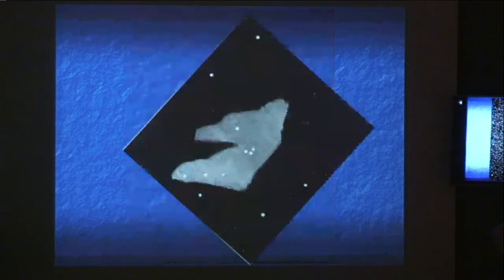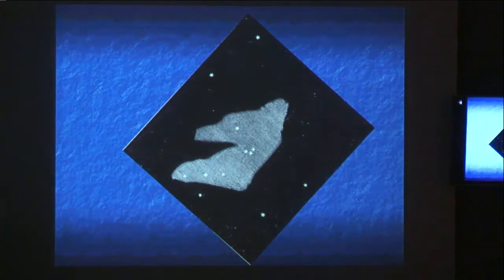Galileo never recorded the Orion Nebula. A few decades later, Christian Huygens did record this drawing of the object, and as you'll see in the various pictures that we show, the point of orientation is the dark bay that's located over here.